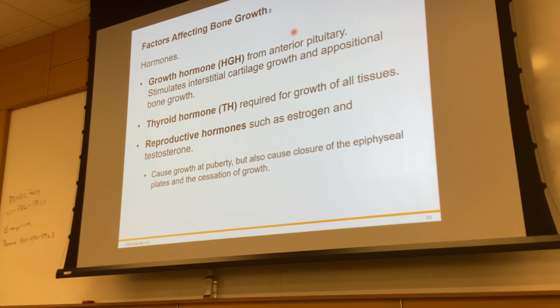We're going to talk about that in a little bit. The thyroid gland produces TSH, or thyroid stimulating hormone. It helps grow a lot of stuff, and then generally also reproductive hormones, estrogen and testosterone in particular. So all those things affect bone growth.